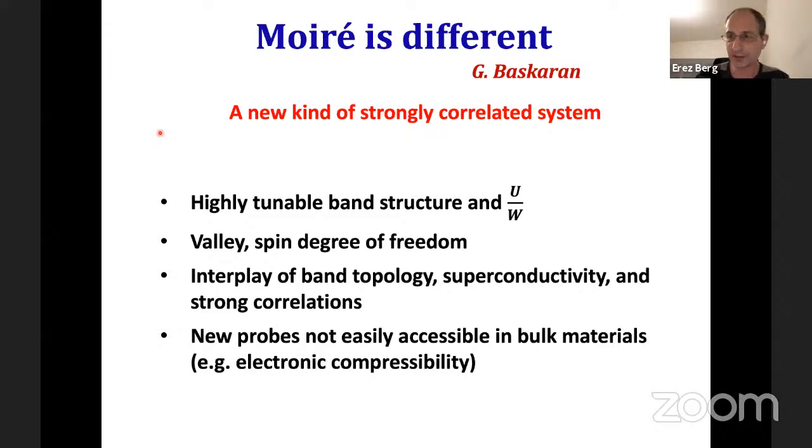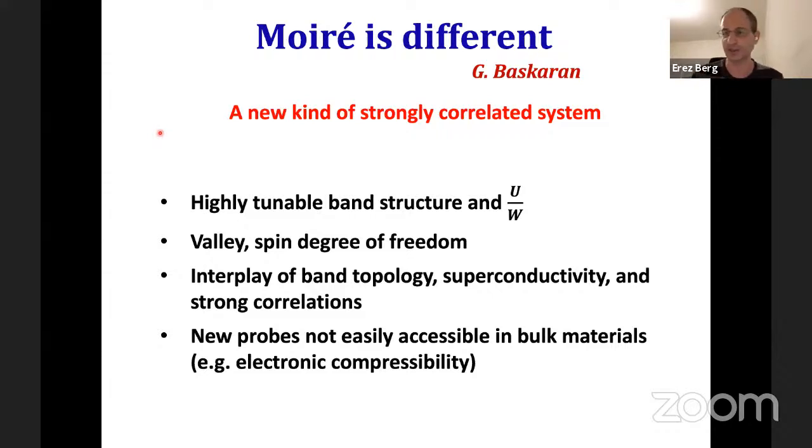And finally, there are new probes that are complementary in some sense to what we can use in bulk materials. Some things are not easy to do in these kinds of systems. It's an atomically thin system, so it's hard to do bulk measurements like specific heat that you can do in bulk materials. On the other hand, there are new probes that are really using the fact that it's a 2D system.